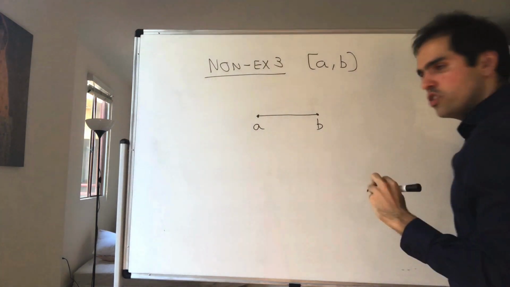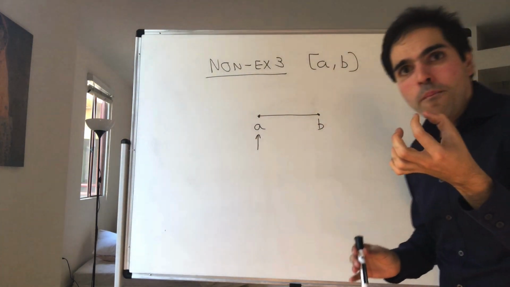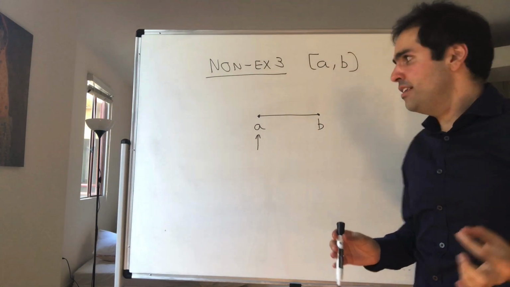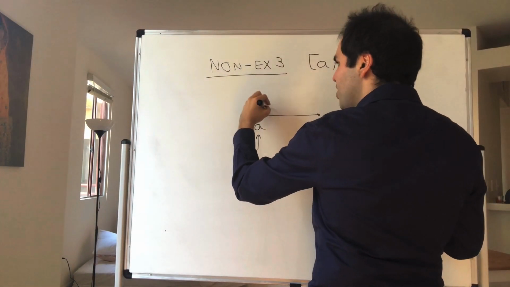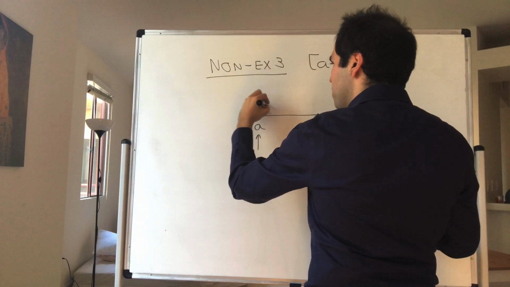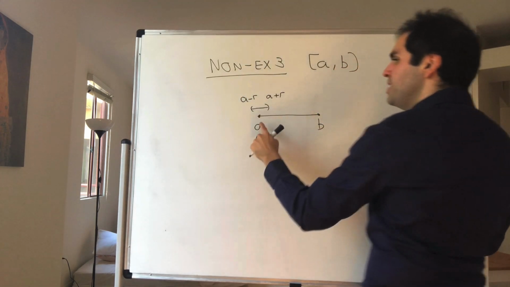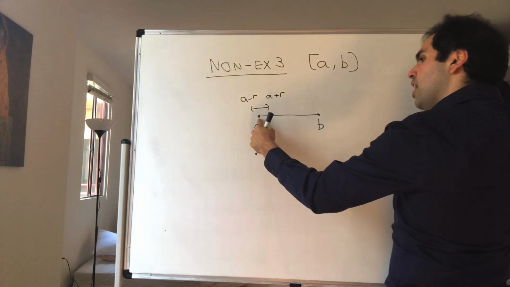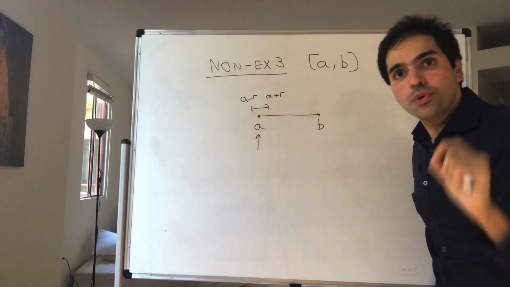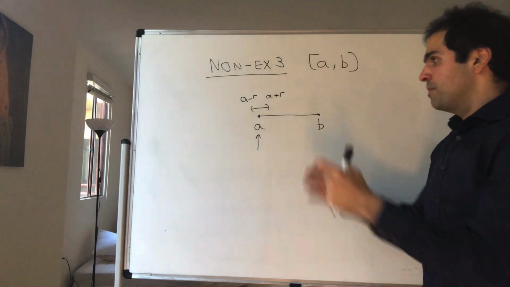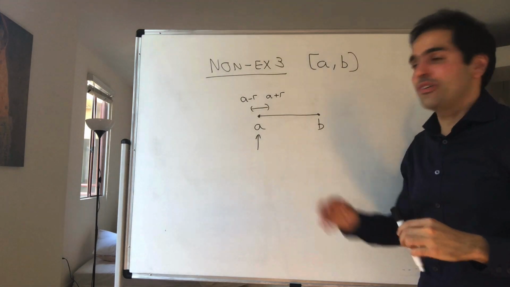It means there's some culprit, which here is a, such that no matter how small r is, the ball centered at a with radius r isn't included in your interval. In other words, no matter how small you move away from a, you could get outside of the interval. So there's not always a ball that's included in your interval.